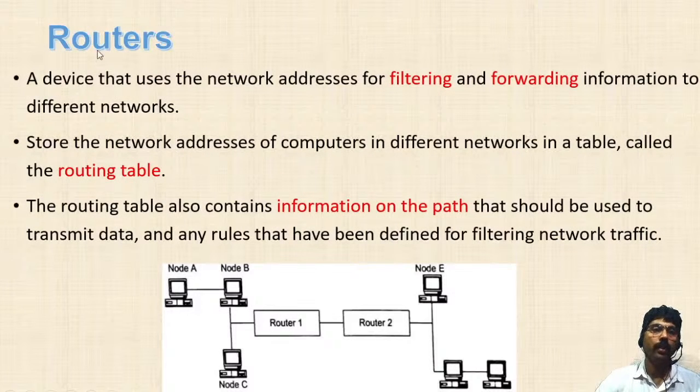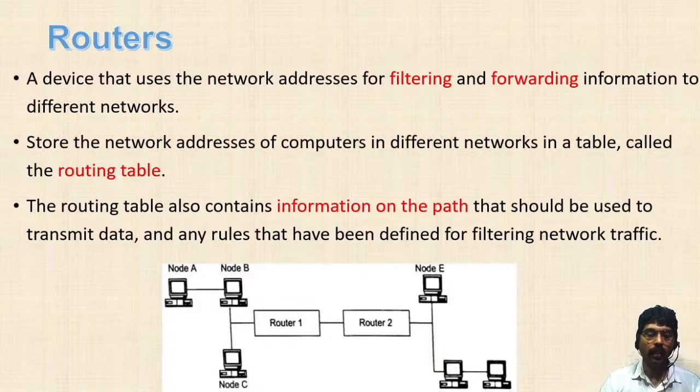Next device is called routers. Routers are devices that use the network address for filtering and forwarding information to different networks. In the past, I explained some of the devices like repeaters, hubs, switches.